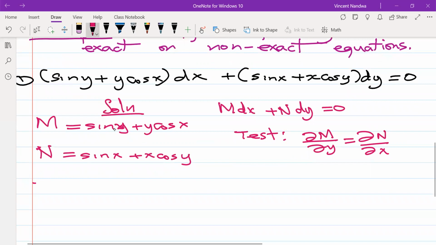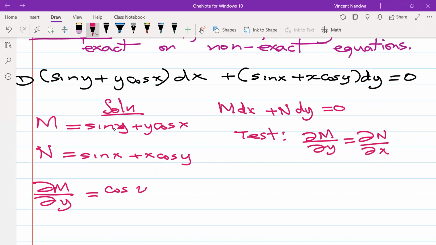So in this case, partial M partial y will give us cosine of y, and then this will give us cos of x when you differentiate this with respect to y. And then partial N partial x will be, this term will give us cos of x, this term will give us cos of y.